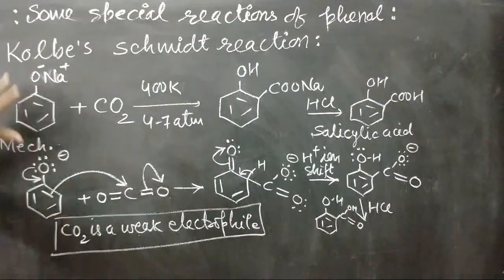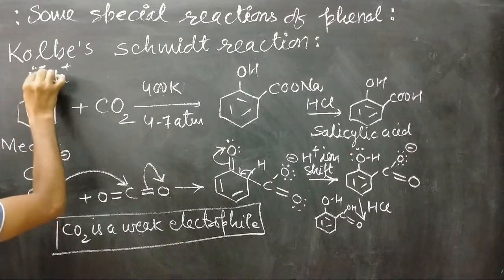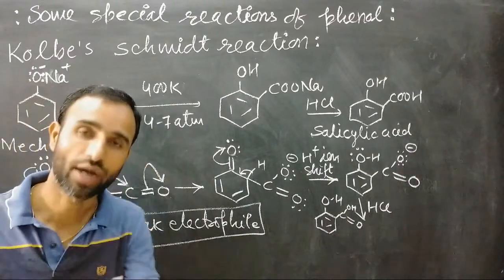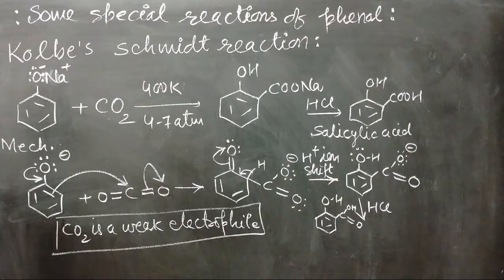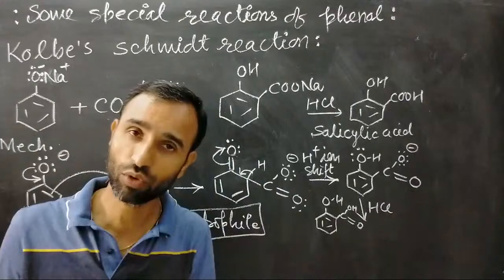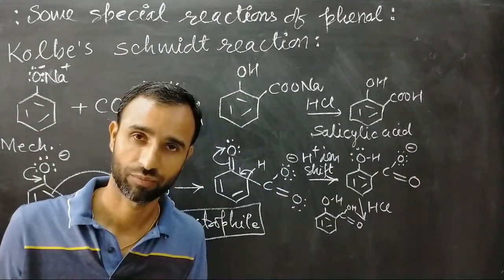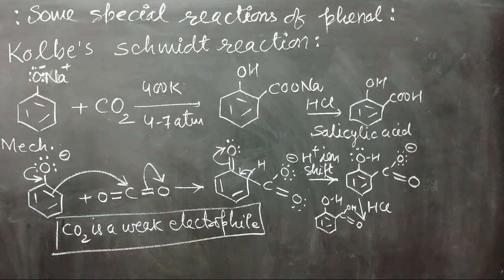But when sodium phenoxide ion is formed, you know, phenoxide ion is more activating, therefore the weak electrophile can attack sodium phenoxide. Okay, that's why first phenol is converted into sodium phenoxide and then CO2 will attack. Got it? Any doubt up to it?